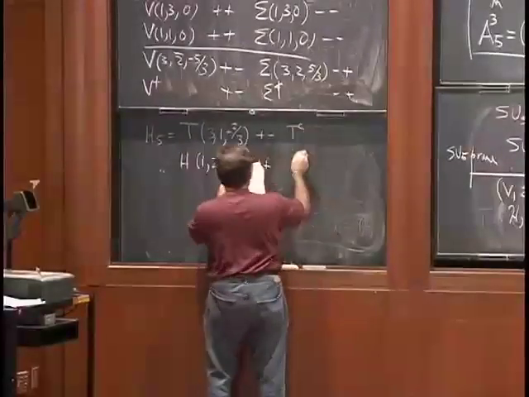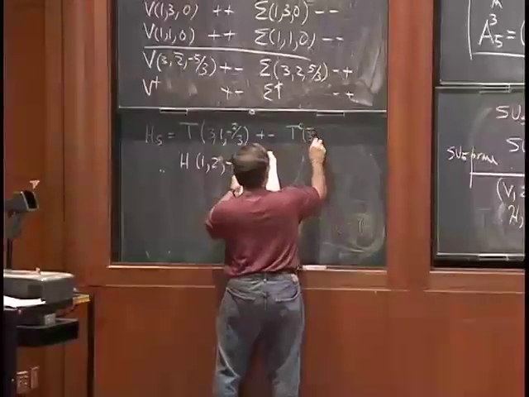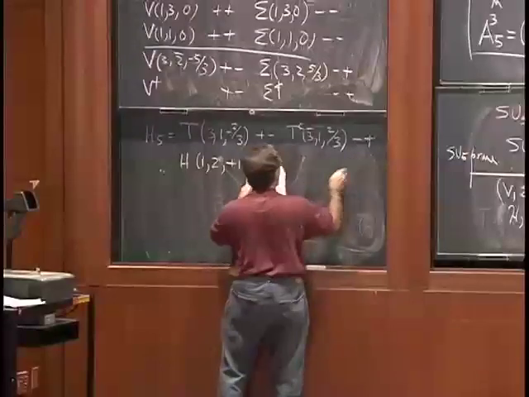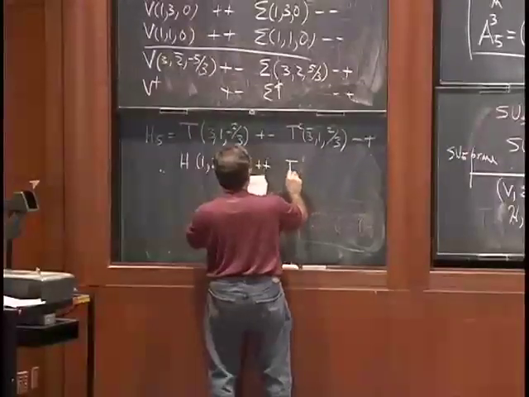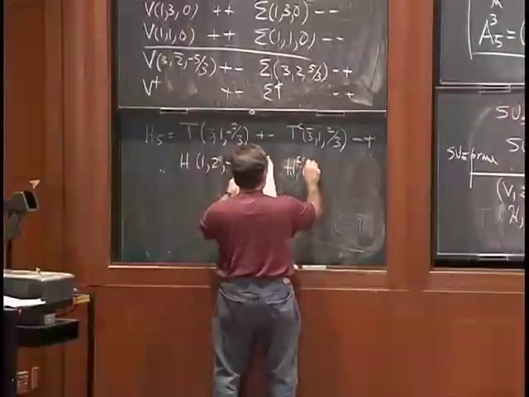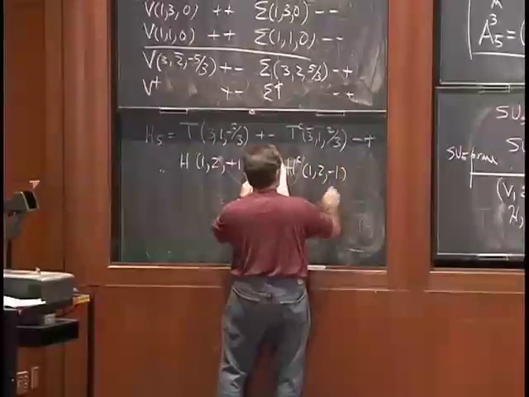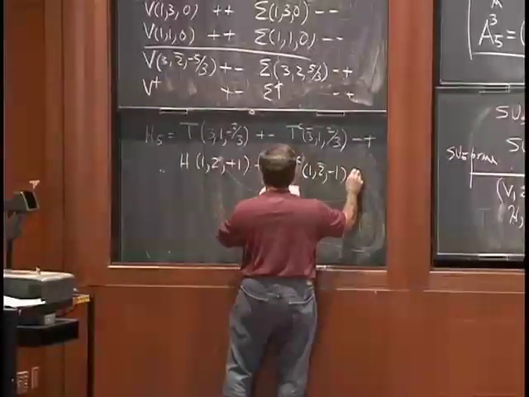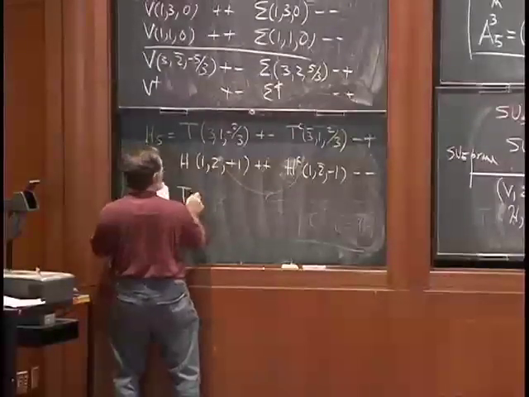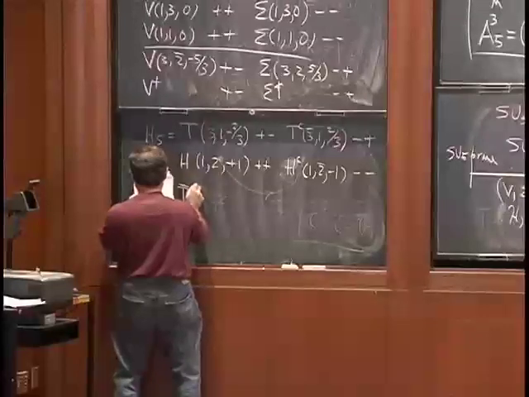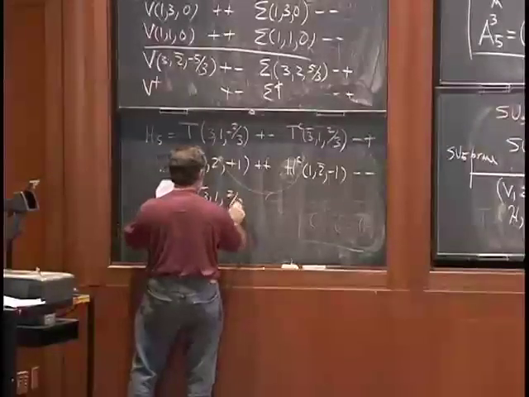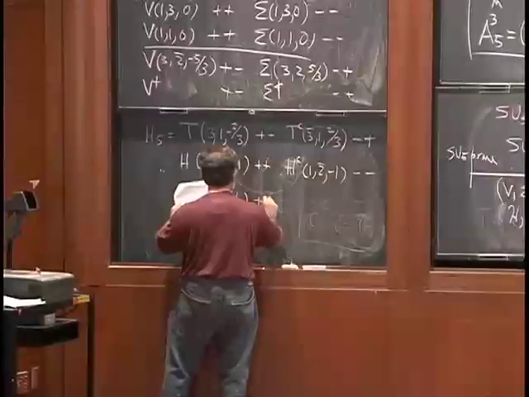The conjugate T^C (3 bar, 1, 2/3) is minus plus, and this guy here, H^C (1, 2, -1), is minus minus, and similarly T bar (3 bar, 1, 2/3) is plus minus.